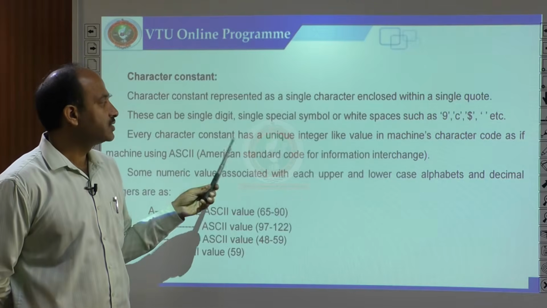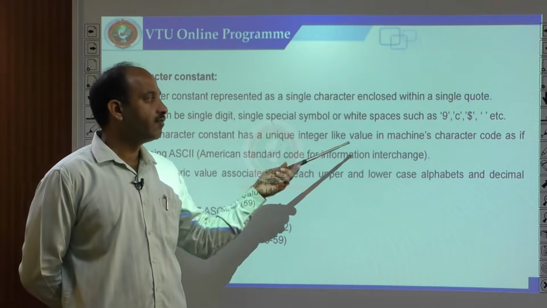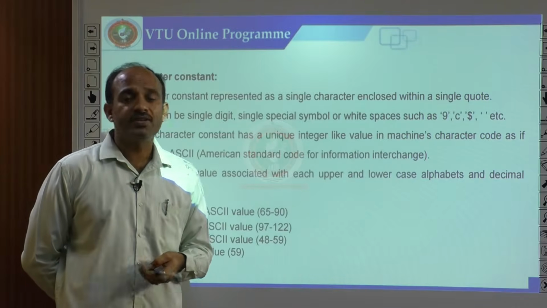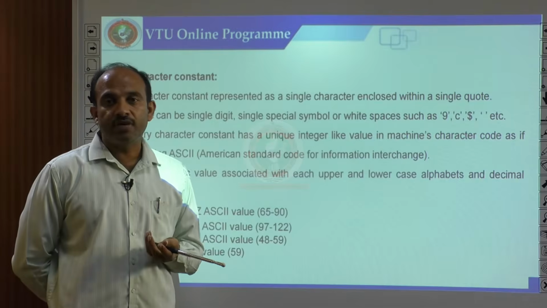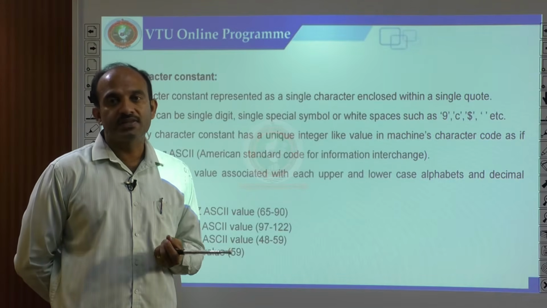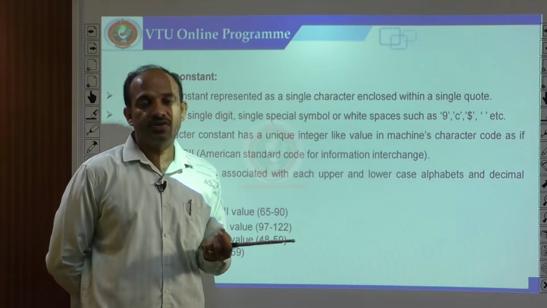Every character constant has a unique integer value in the machine's character code, because it has to be understood by your machine. That is the reason every character has an ASCII value representation.